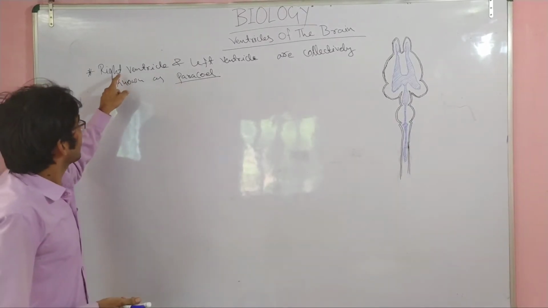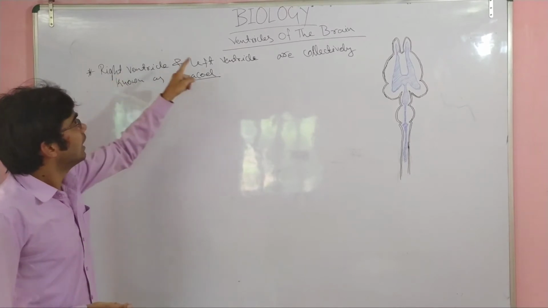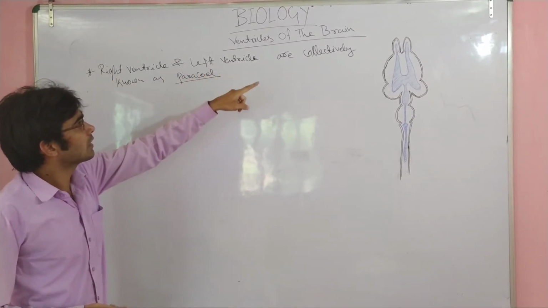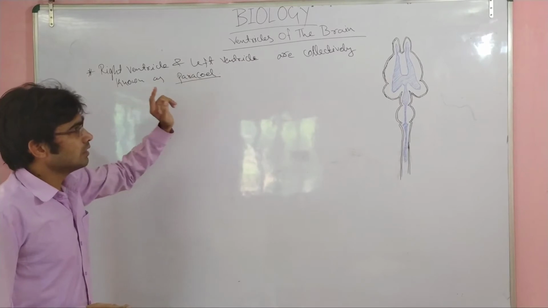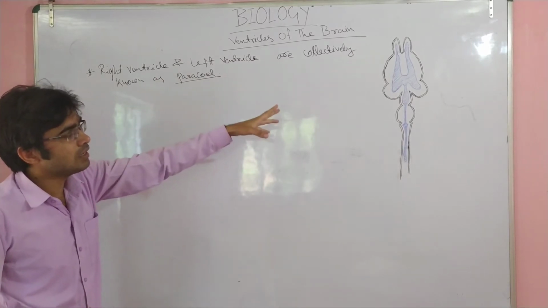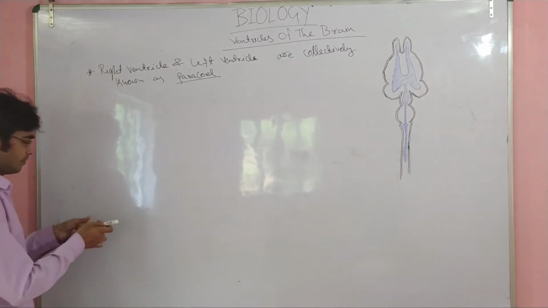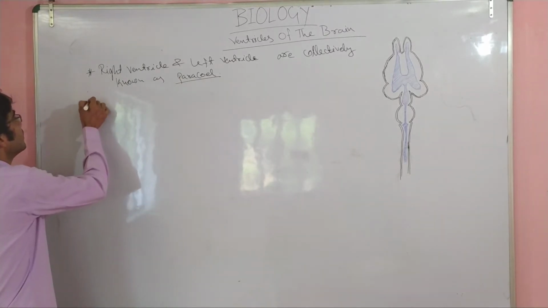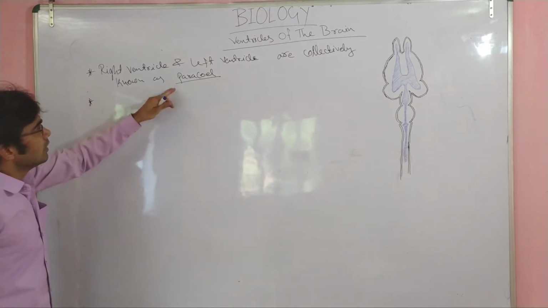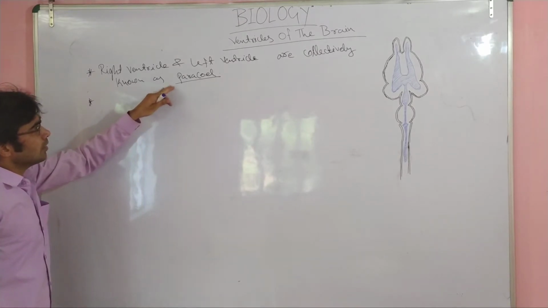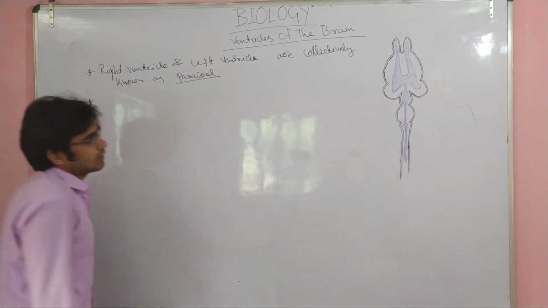So, the right ventricle and the left ventricle are collectively known as paracele. They are lying in the cerebral hemisphere. Now, they possess one opening here.